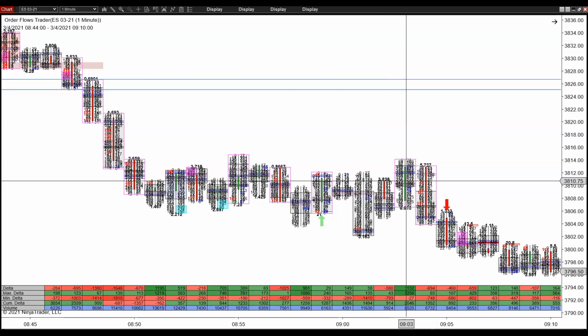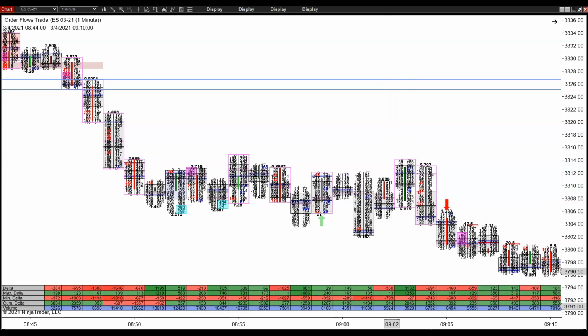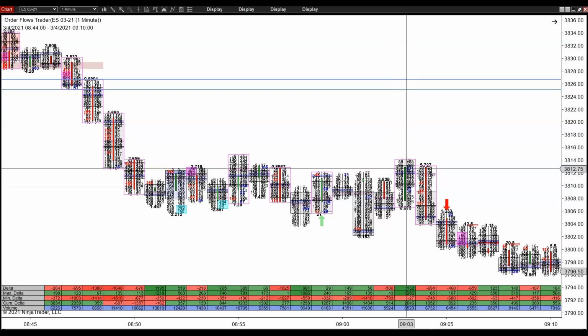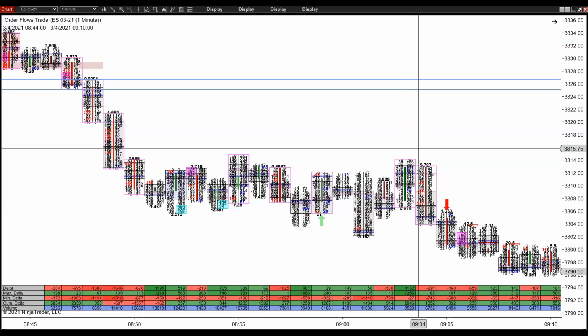What do you think? Obviously this delta jumped from 900 to 2,000 here because this bar has 1,100 positive delta. But if you're seeing cumulative delta expanding and the market's not going anywhere, that's not a good sign, obviously, because you should be going higher.